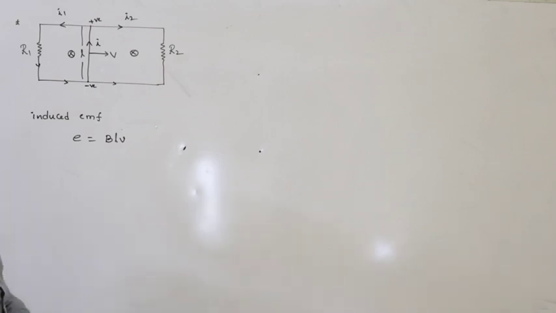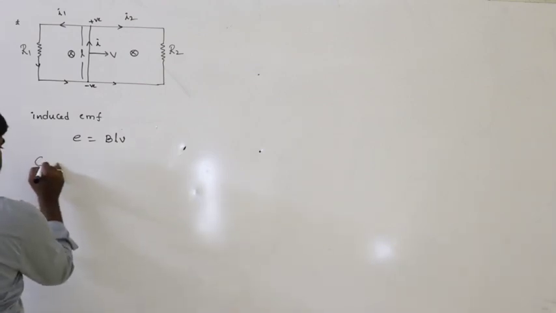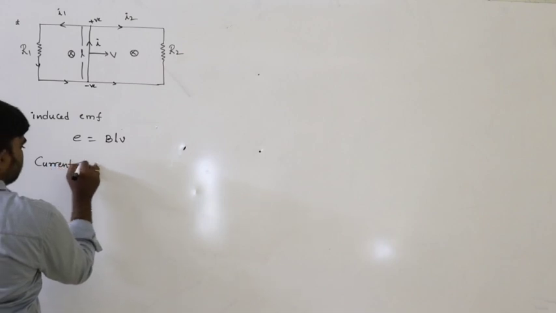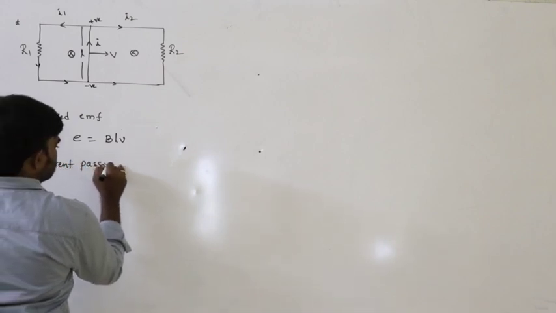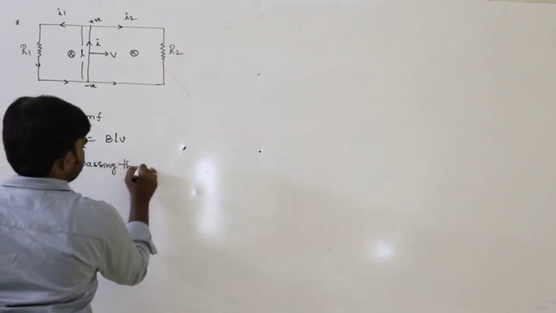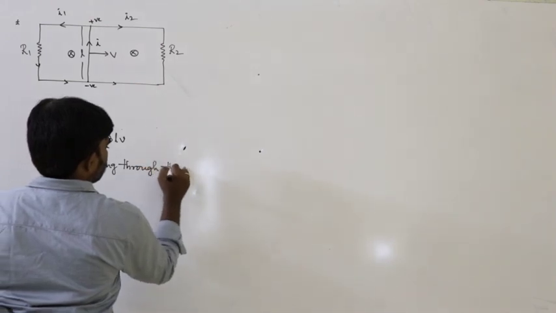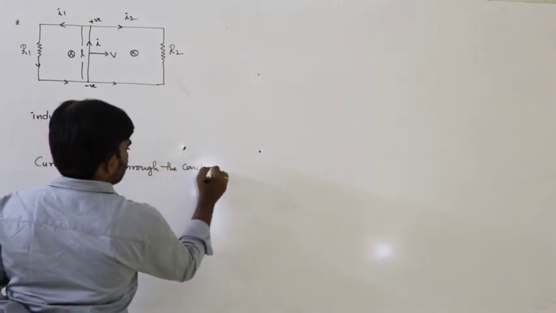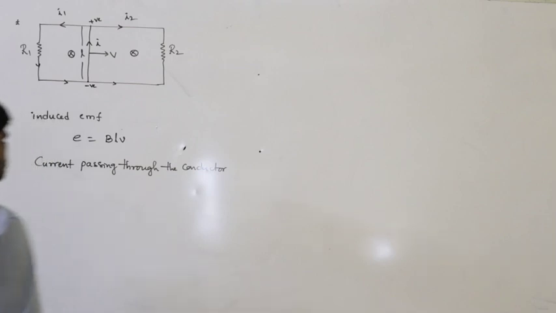That is the induced EMF. What is the total amount of current passing through the conductor?